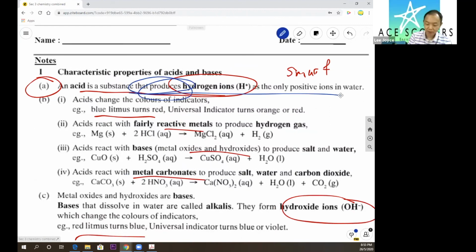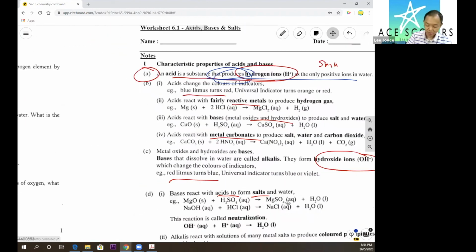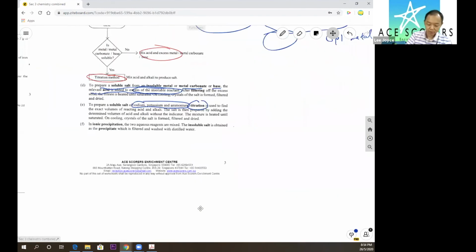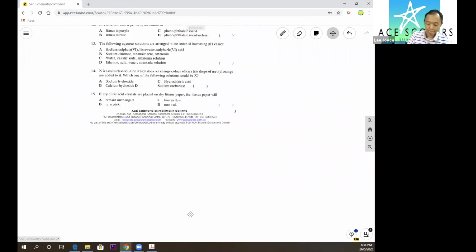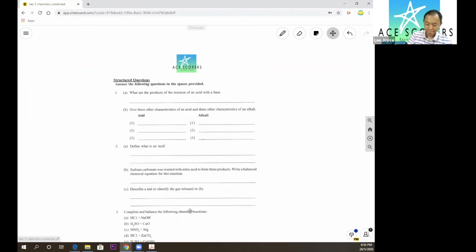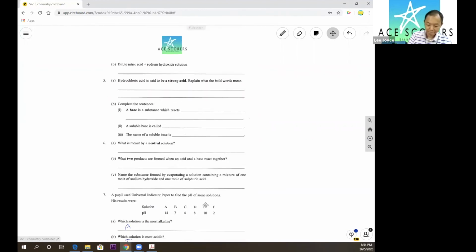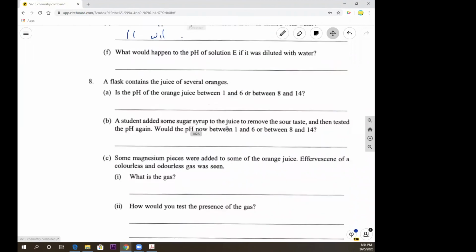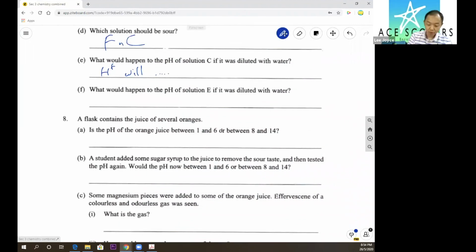Either liberated or produced. Okay, will be produced.